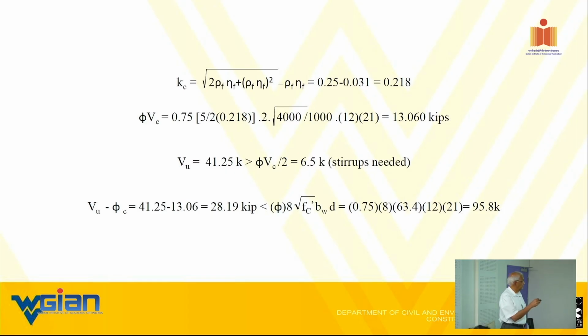We already checked that. So here we satisfied the upper bound in terms of stating that stirrups will do the job. If it exceeds that number, then the stirrups will not do the job. You have to increase the cross section or increase the property of the material. That's what it means.